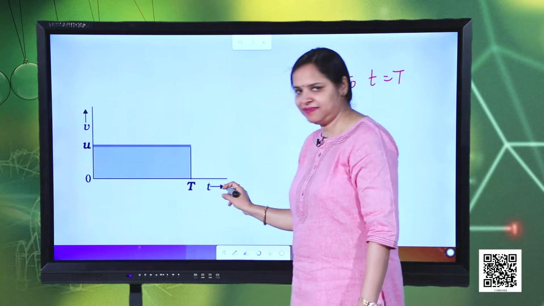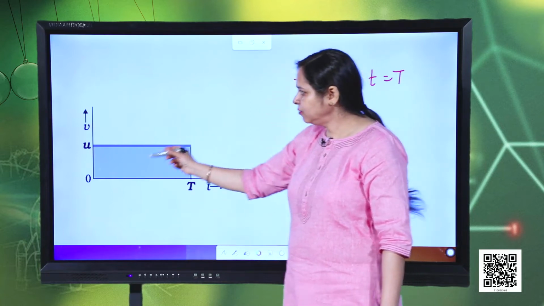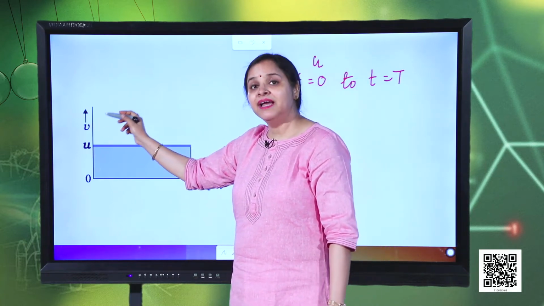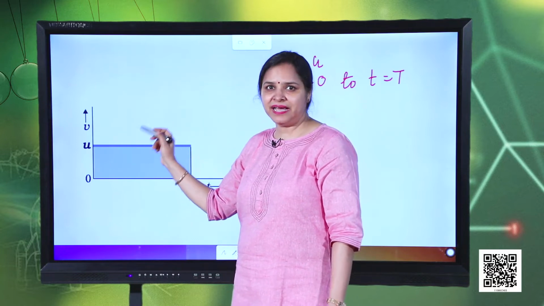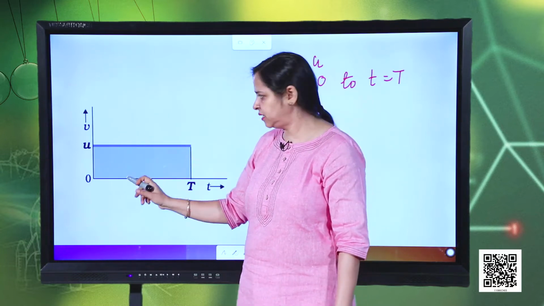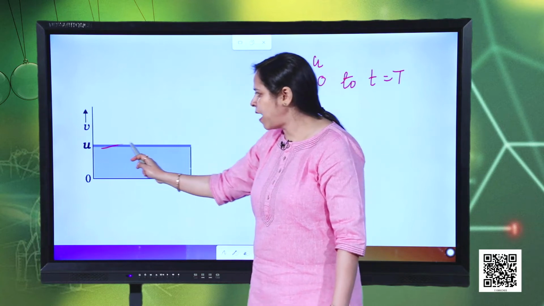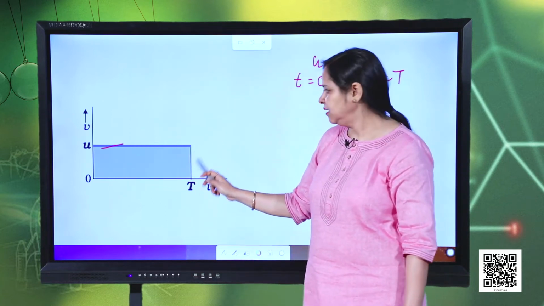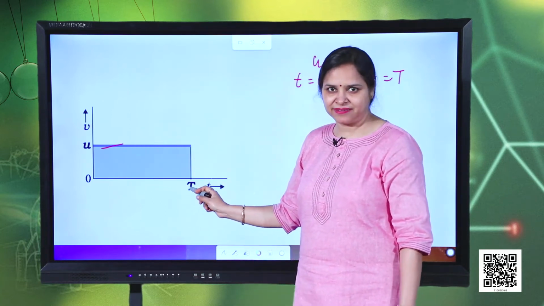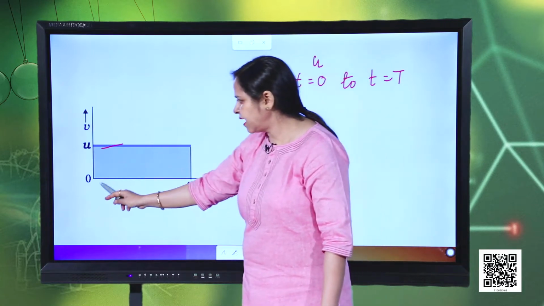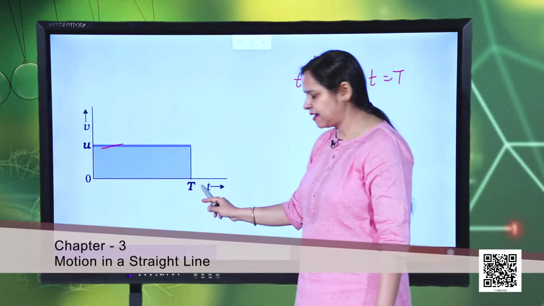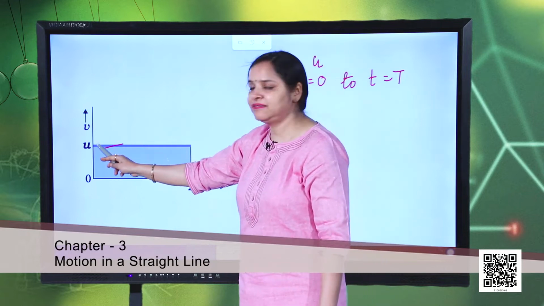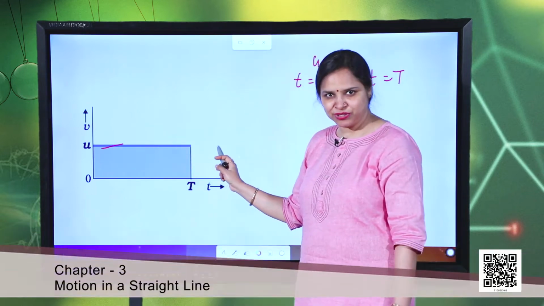Along the x axis we take time, along the y axis we take the velocity, and since the velocity is uniform throughout the motion, we obtain a line parallel to the time axis. So, between this time duration of 0 to t, the velocity is u throughout the motion.